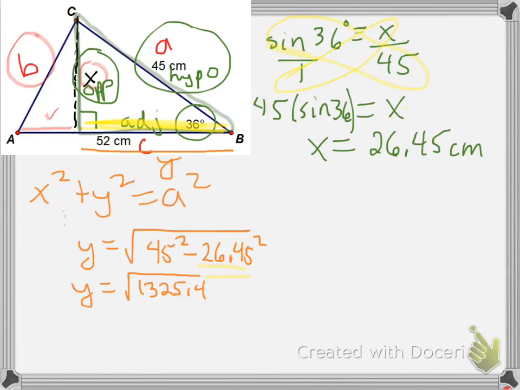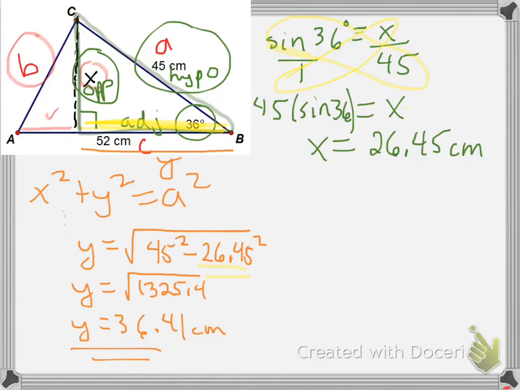Again, I kept all the decimals in, so now I'm going to take the square root of that using the answer button, 1325.379707, without typing all that in. That gives me y equals 36.41 centimeters.